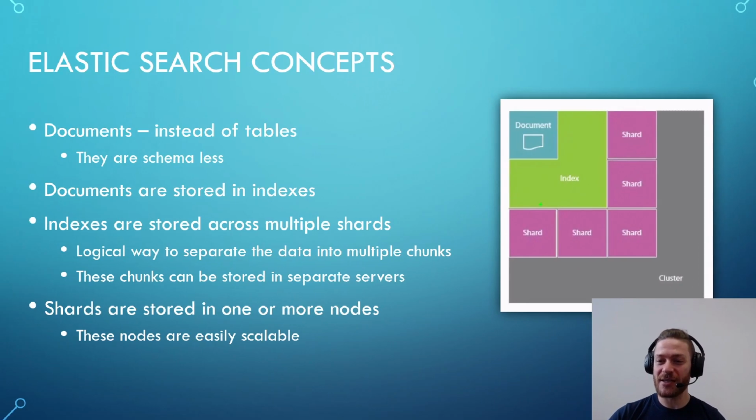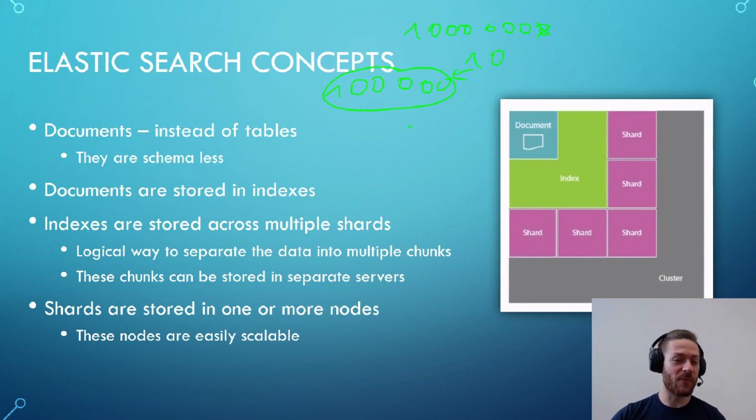A shard is a logical separation of the data. So for example, let's say that you have 10 million records, documents. If you have 10 shards, Elasticsearch will structure your data in 10 logical groups, each consisting of 1 million records.